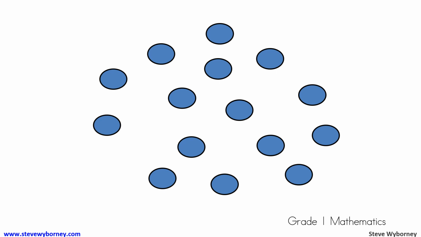I see a chunk of 4 over here, and then 3, and then another 3, and then another 3, and then 2.